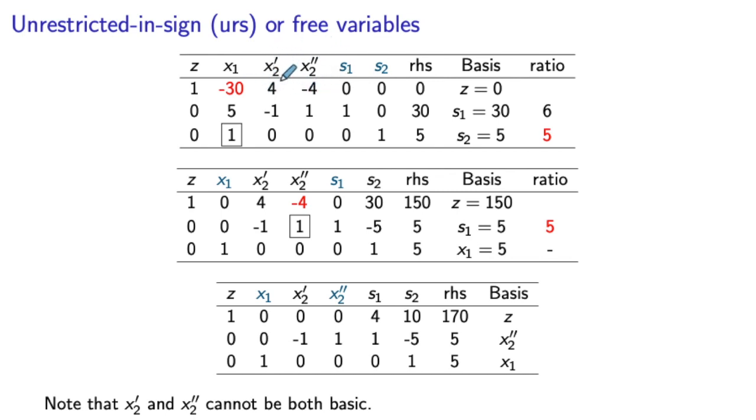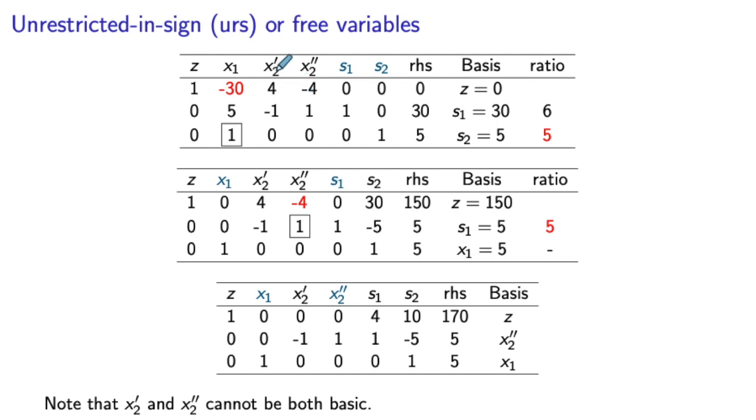So we used x2' and x2'' in place of x2. And of course, when we introduce x2' and x2'', they're going to come with opposite signs in all the equations. So here, for example, x2 in row 0 had the coefficient of 4.